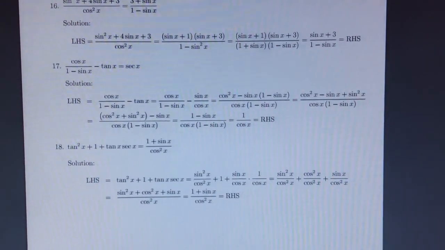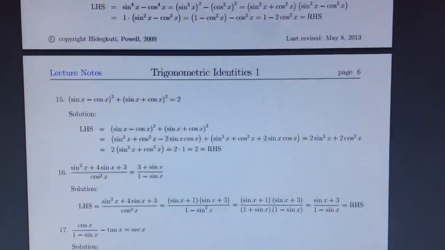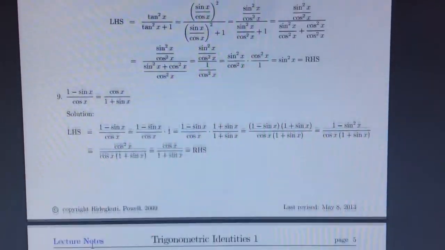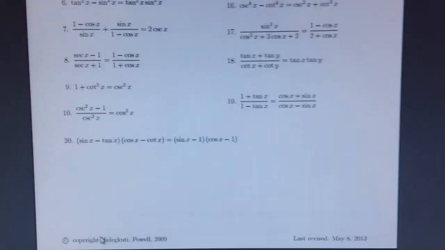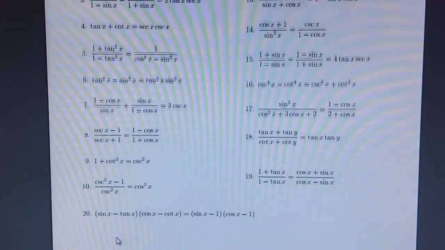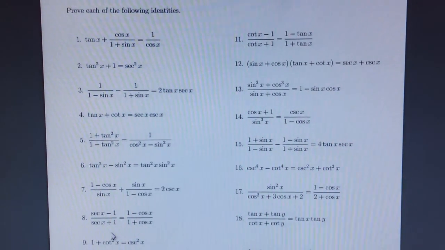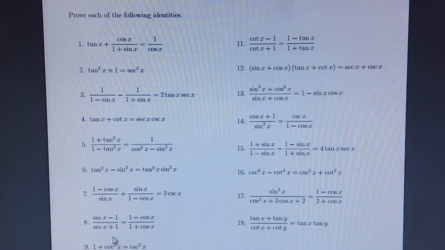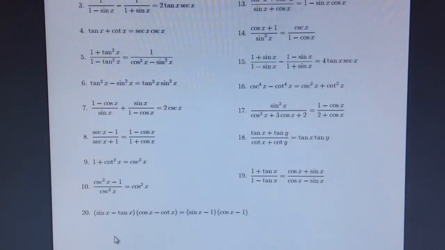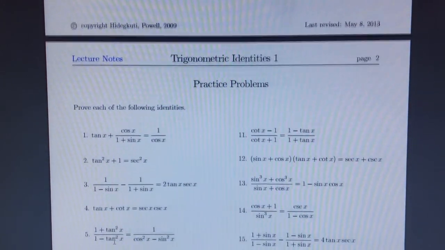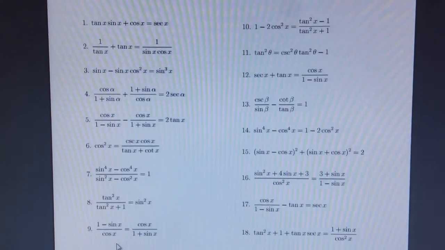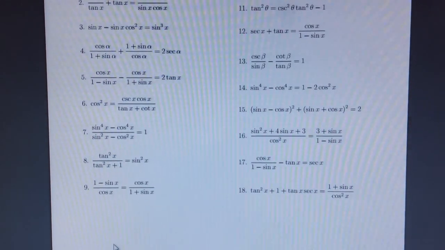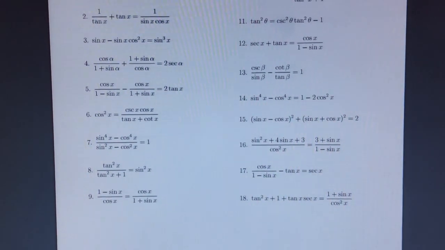So that's the first 18. And then there's, without solutions to them, a second set of 20 problems here that you could try. So the first 18 are here, and that should help you with trig identities.